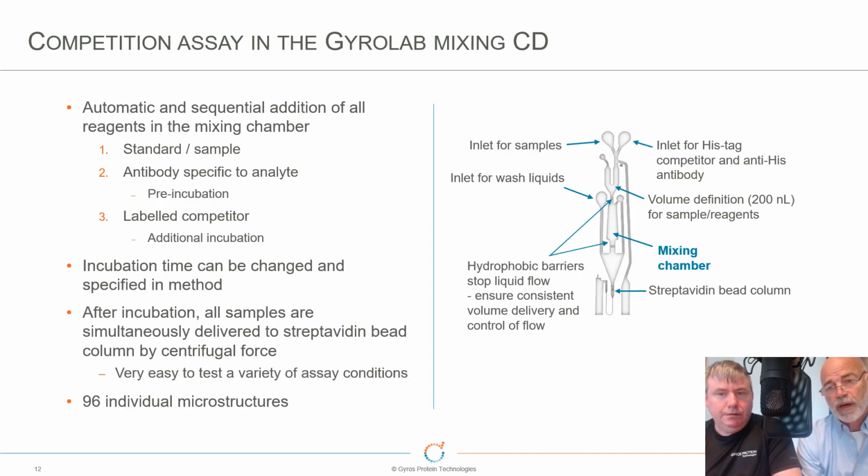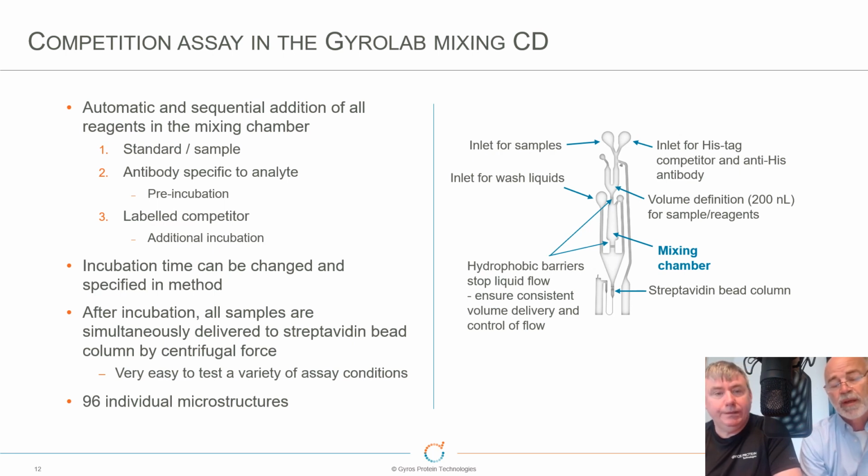So here we talk in detail about how things work on the mixing CD, and so again, you have this automatic sequential addition of samples and reagents to the mixing chamber. The beauty of this system is it allows you to volume define, add samples in 200 nanoliter increments into the mixing chamber, allow that to incubate for a period of time, which you can modify very easily in the method.